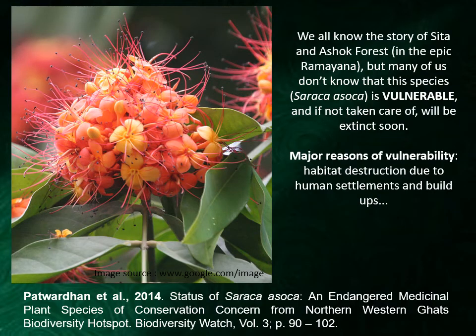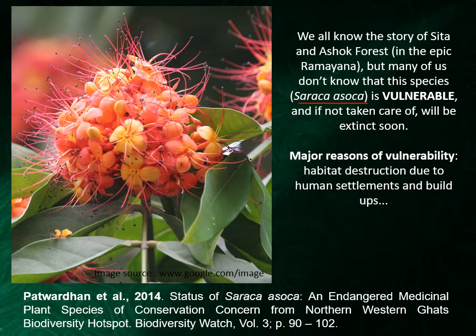Another famous plant is known as Saraca asoca. We all know the story of Sita and the Ashok forest in our epic Ramayana, and from that name the plant species is named Saraca asoca, which is found in the southern part of the Indian landmass and in the Western Ghats.